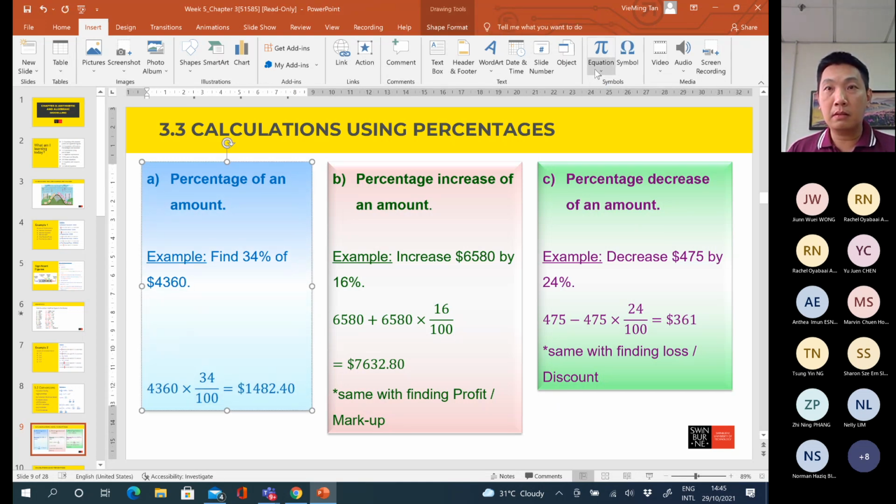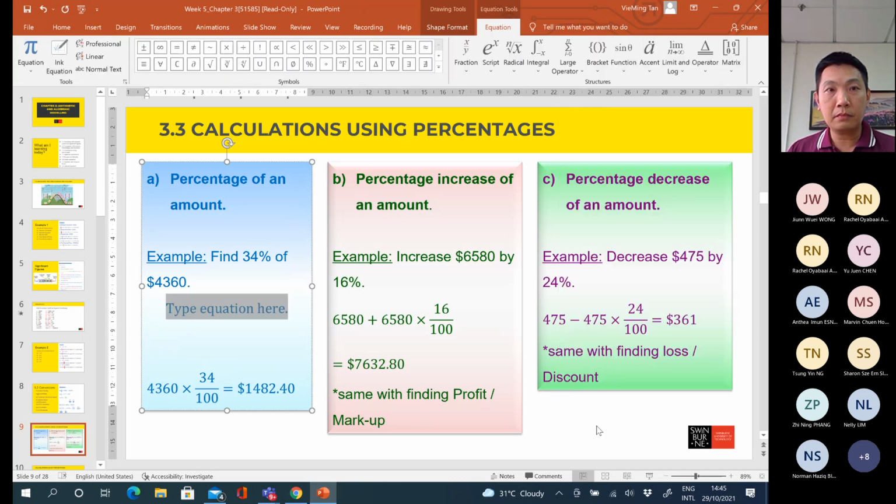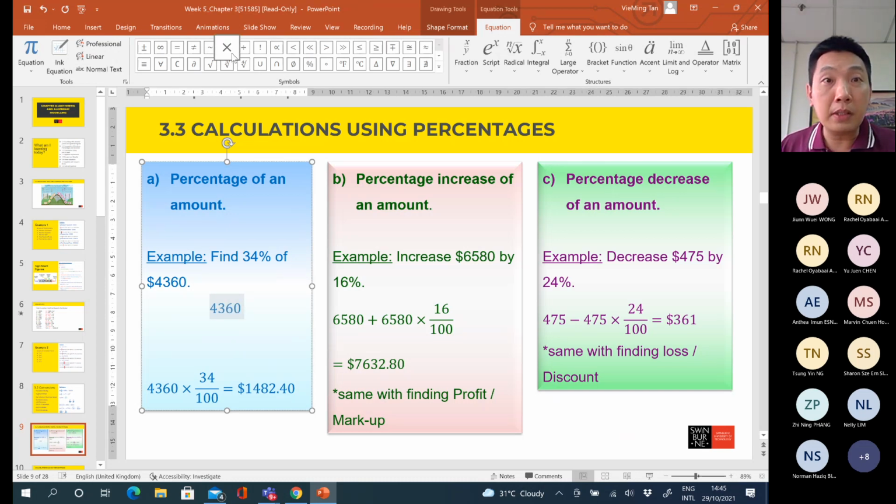So actually it is 4360, multiply with 34%.